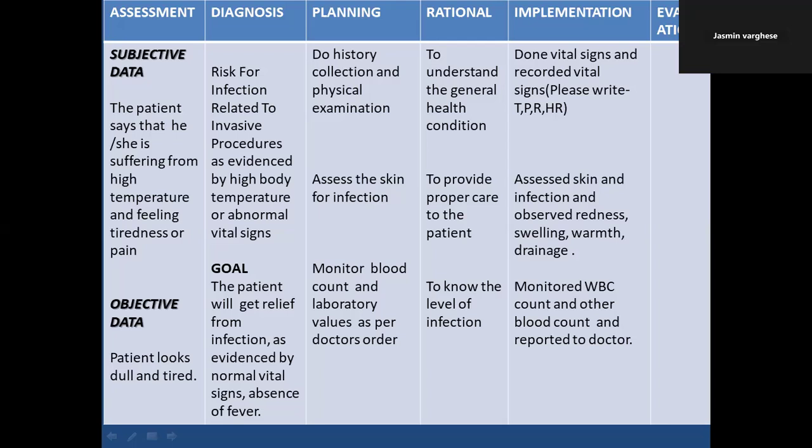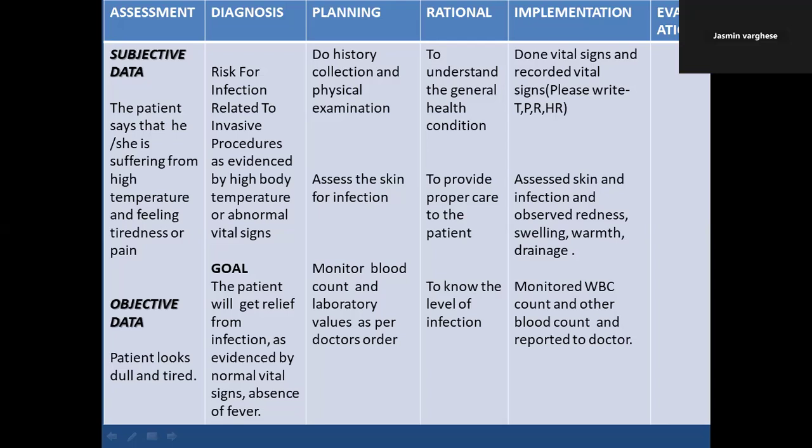Subjective data: the patient says that he or she is suffering from high temperature and feeling tiredness or pain. Objective data: the patient looks dull and tired. So subjective data is what the patient says about their condition, and objective data is what you have observed from the condition.